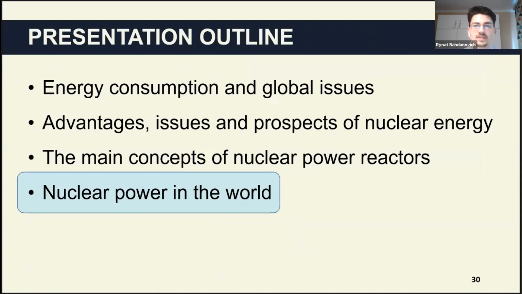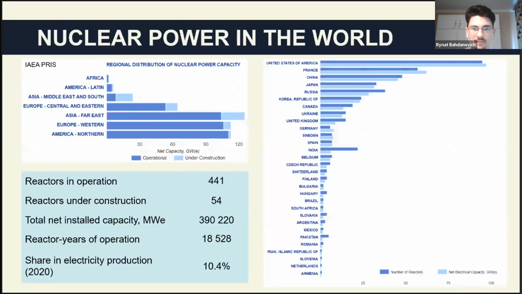Let's now look at the statistics of nuclear power in the world. Since the launch of the world's first nuclear power reactor in 1954 in the city of Obninsk in Russia, we have accumulated large experience in the operation and design of nuclear reactors, around 19,000 reactor years.